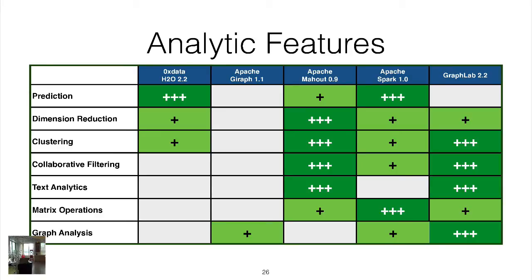Poor old Giraph is here with an okay graph analysis capability, but GraphLab is clearly the leader in the category. Spark is very strong in matrix operations. They support PCA and SVD and a couple of other things.